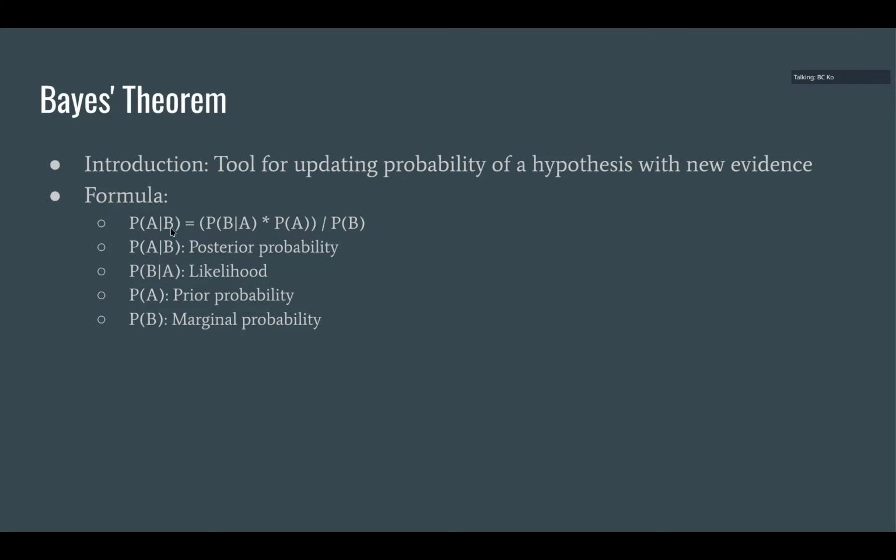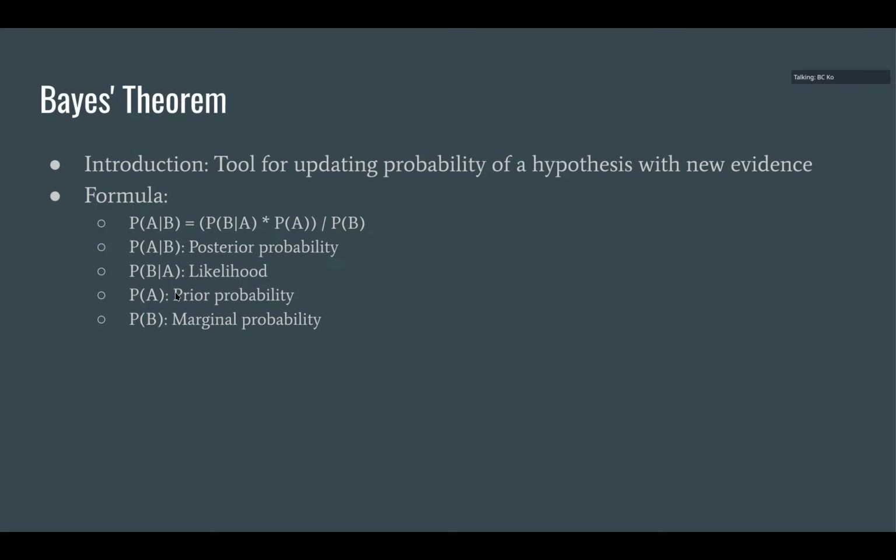This might be a little confusing, so if we were to break this down, probability of A given B, you can think of this as posterior probability, or the probability of event A given event B has occurred, and probability of B given A is the likelihood or the probability of event B occurring given that A is true.